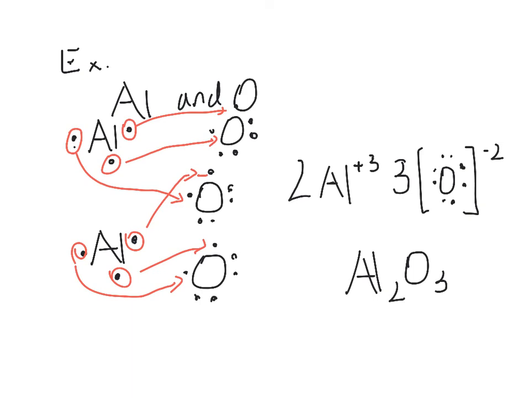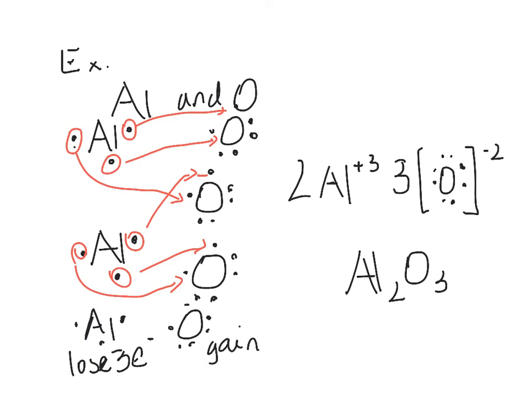I can look at this as my aluminum is going to lose 3 electrons. My oxygen has 6 valence electrons, and so it's going to gain 2 electrons. And the multiple between the 3 electrons lost and the 2 electrons gained is 6.